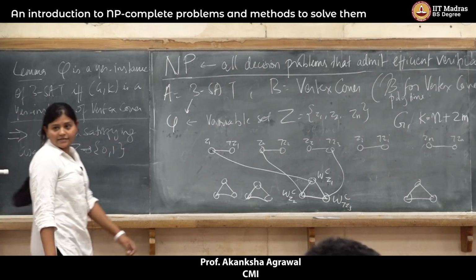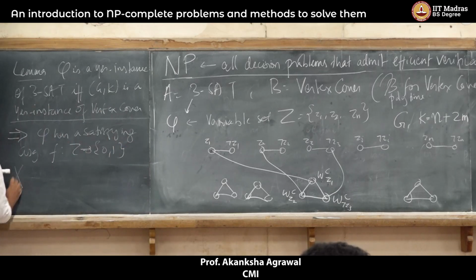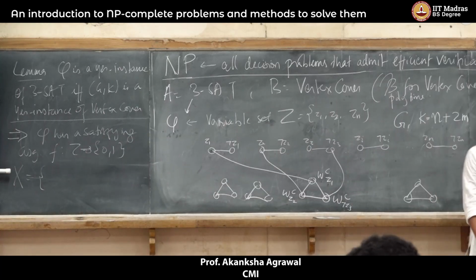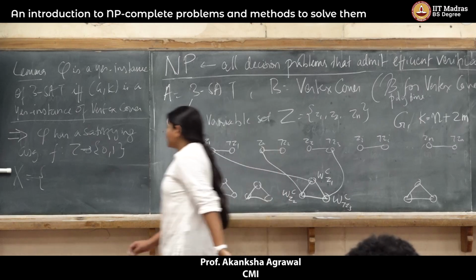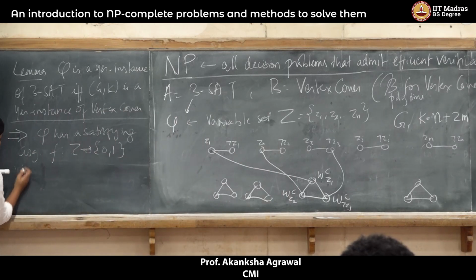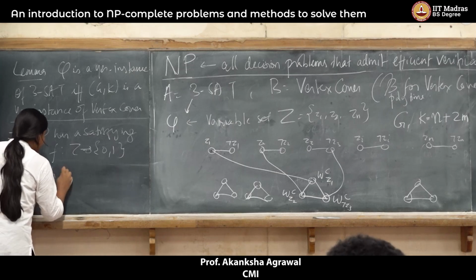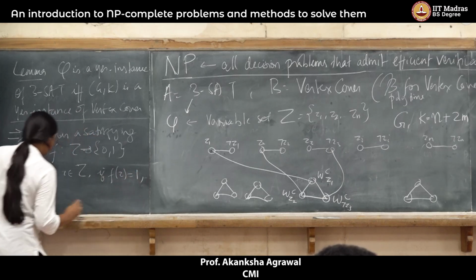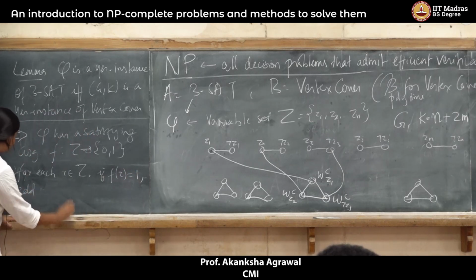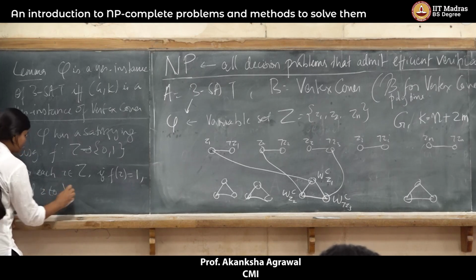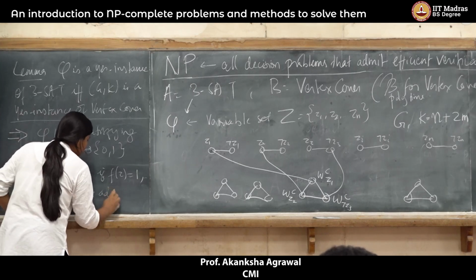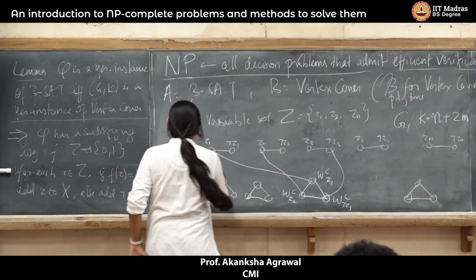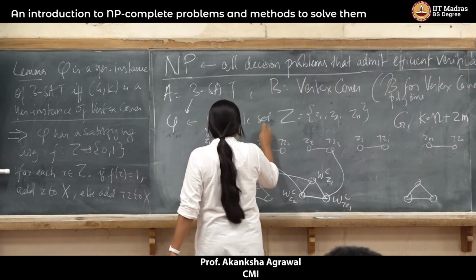Now let me construct a vertex cover. So the vertex cover X will be as follows. Firstly, for each of these edges that I added for variables, I'll insert exactly one vertex. So in X, for each Z in the variable set, if f of z equals 1, add z to X, else add not of z to X. So suppose Z1 was set to 1, and Z2 was set to say 0.